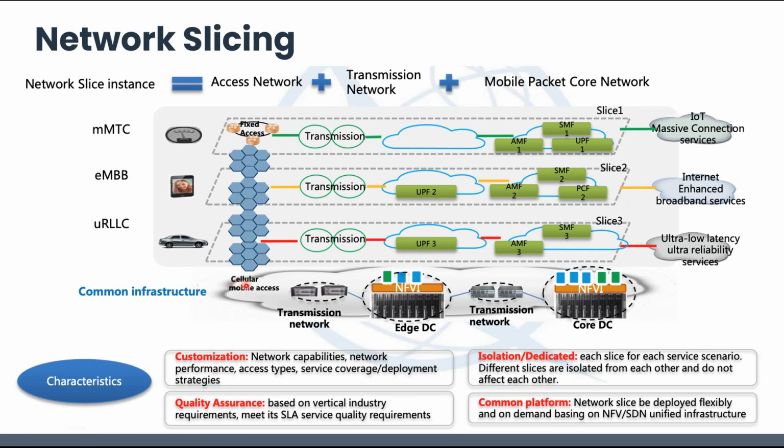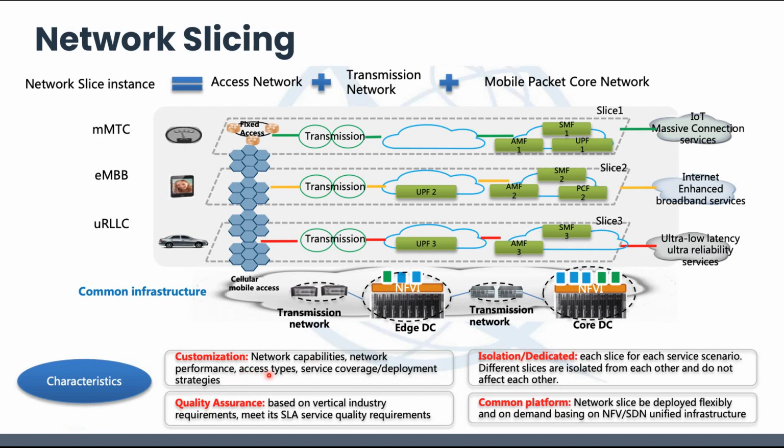So on a common infrastructure, we have a cellular mobile access network with the remote radio and the antenna. The basebands are moved to the cloud. So we have a transmission network, then we connect to the edge computing, then to a transmission network, and then to the core. What we have here is normal servers, computing hardware, storage devices, and switches.